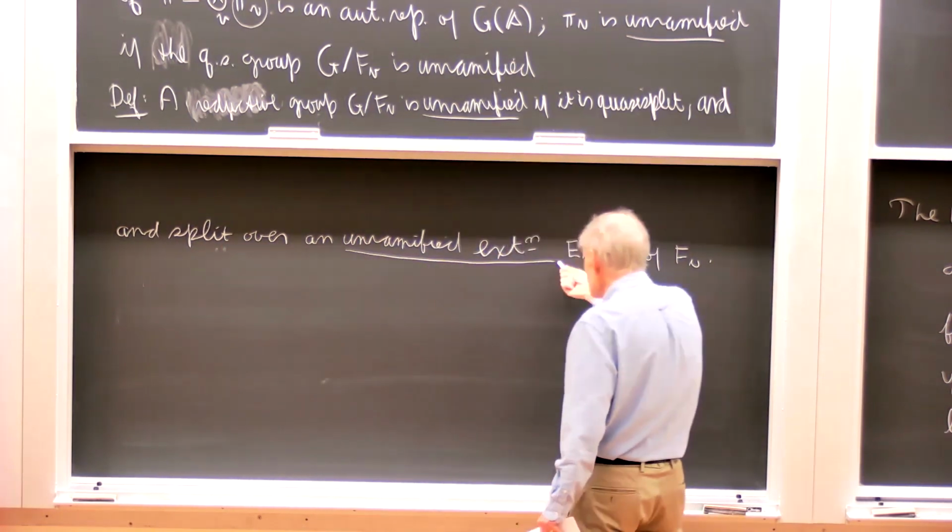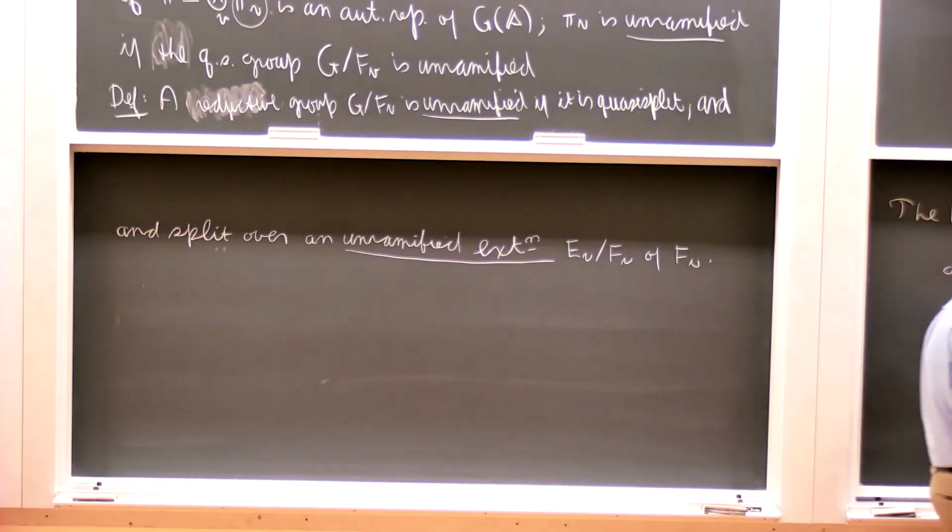So in general, given a quasi-split group, you've got an extension of fields over which the group is split.